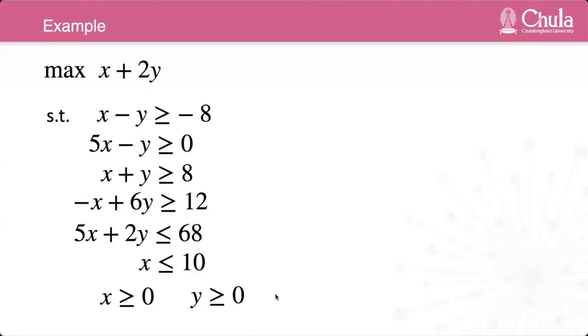We have x plus y plus E2 minus S3 equal 8. Right? The next one is minus x plus 6y plus E3 minus S4 equal 12. Okay, good.